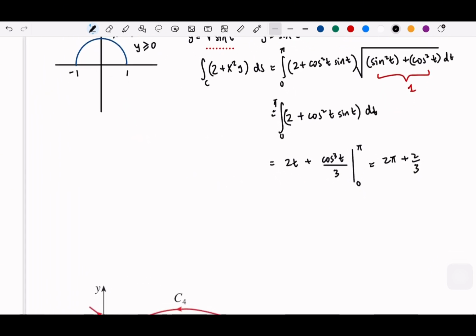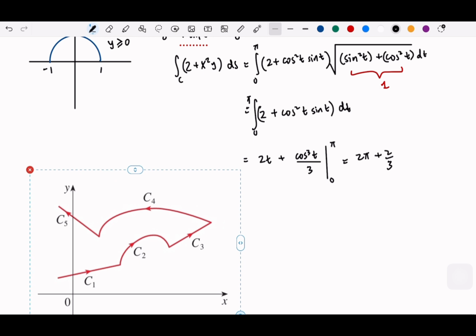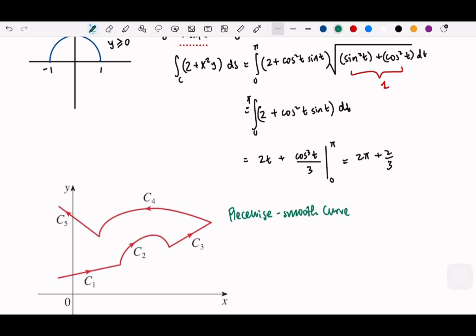Okay. And as I mentioned, I think in the last slides, we can have this kind of curve, which is what we call a piecewise smooth curve. It means that the total curve is a union of a finite number of smooth curves.